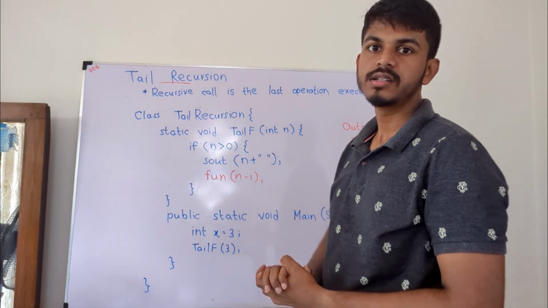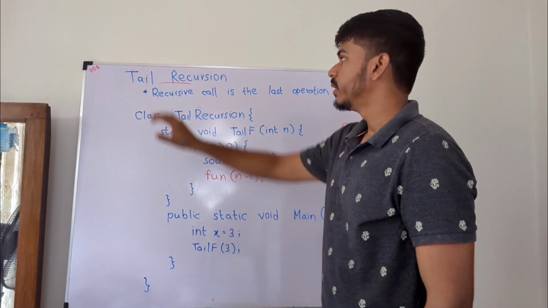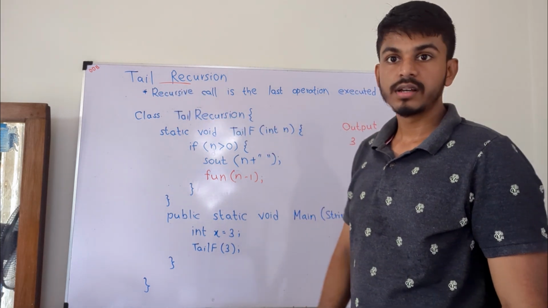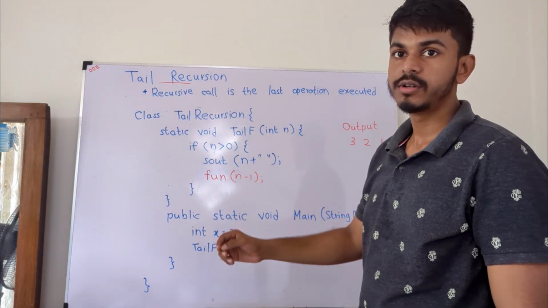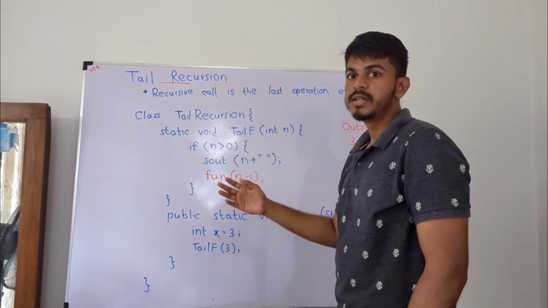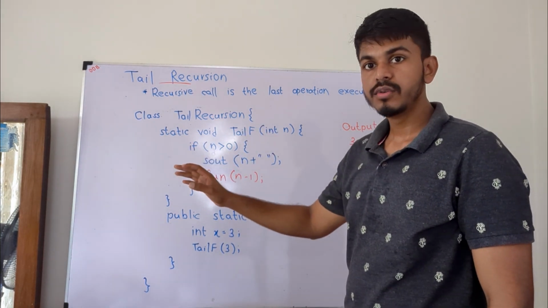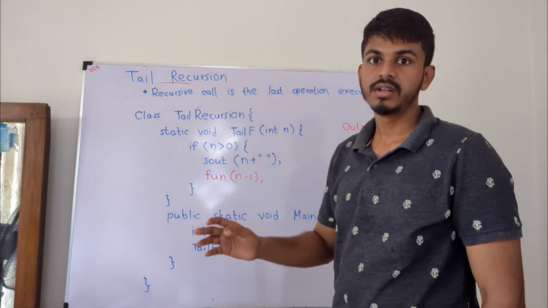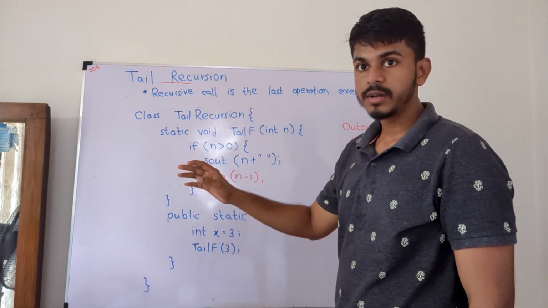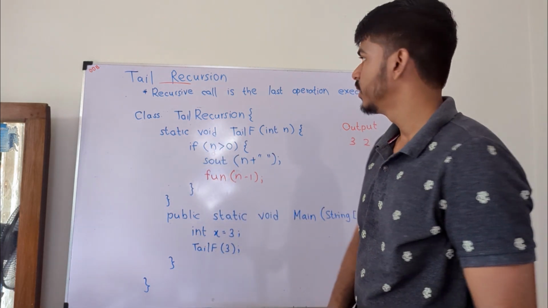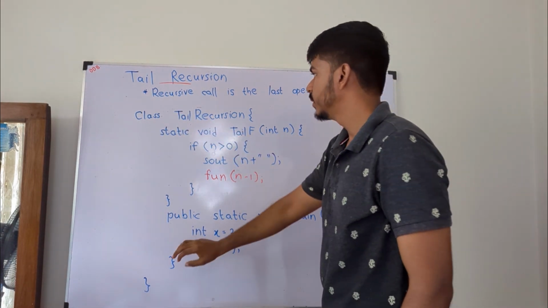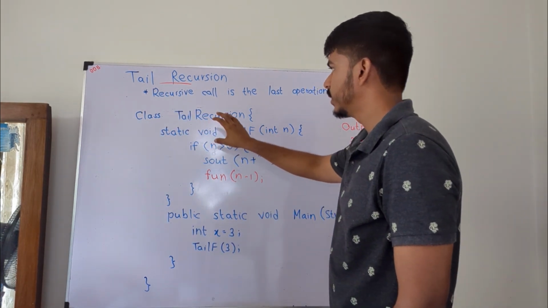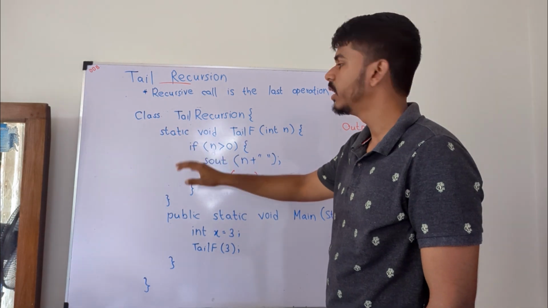Tail recursion is where the recursive call is the last operation executed in that function. This means there's nothing left to do after the function calls itself, and that is the last operation the function does. In this example, this is a tail recursion implemented using Java.